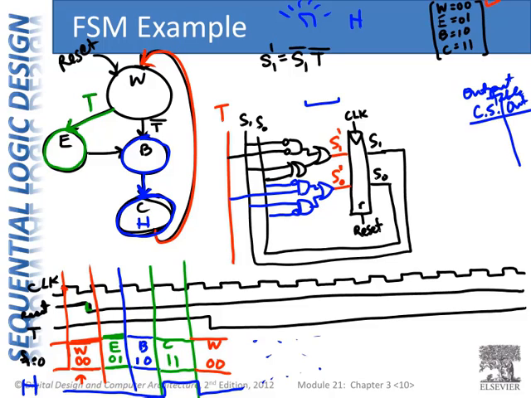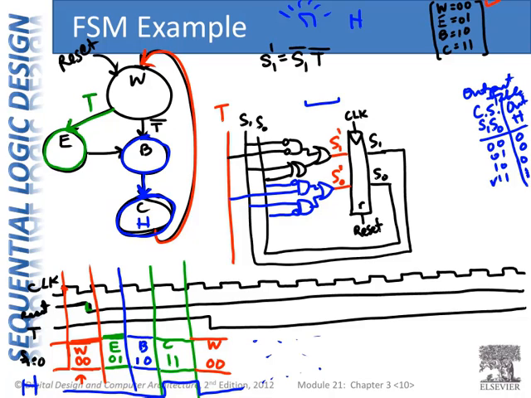We can go directly to our state bits, S1, S0, and our single output H. For 0 0, 0 1, 1 0, 1 1, the output should be 0, 0, 0, 1, only true in the class state.